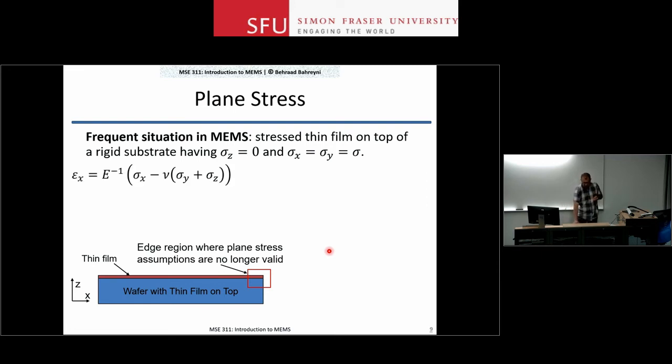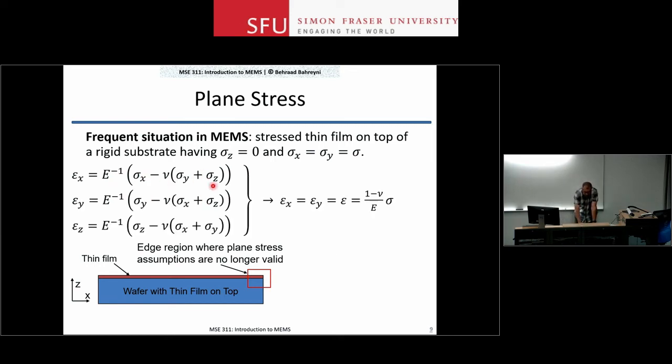So with that situation, let me look at the strain in x direction. Because sigma z is 0, you can show that the strain in x direction or y direction is given by this expression. Epsilon z, because sigma z is 0, is very small, but for epsilon x and epsilon y, the initial strain, you can show that it is proportional to this amount of sigma.